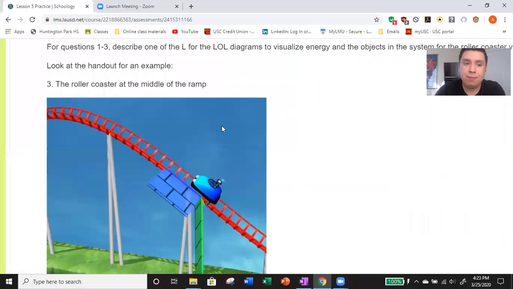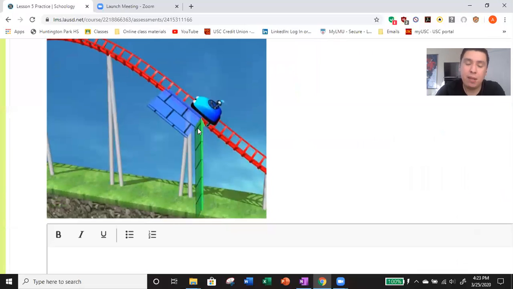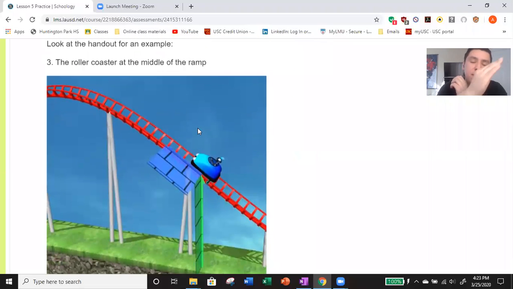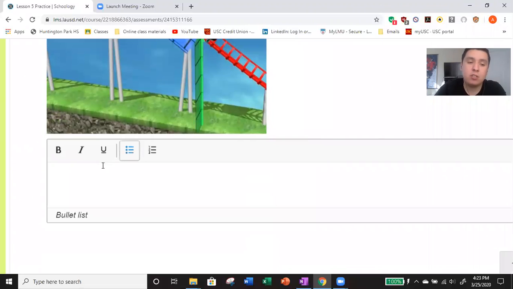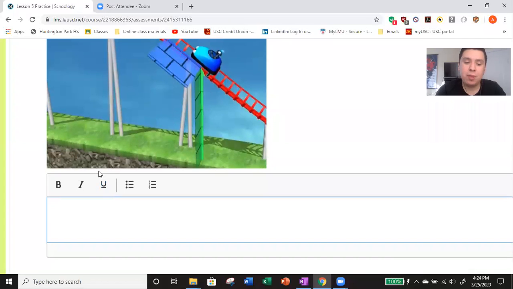Let's do 3. This time the roller coaster is in the middle, between the bottom and rising up towards the top of the ramp. So what does that mean? Well, it still has speed from the bottom, so it's slowing down, but it also has more height, so it's slowing down and getting higher. We don't know for certain, but in this case, since it's in the middle, we're going to assume that the PE and KE are equal.